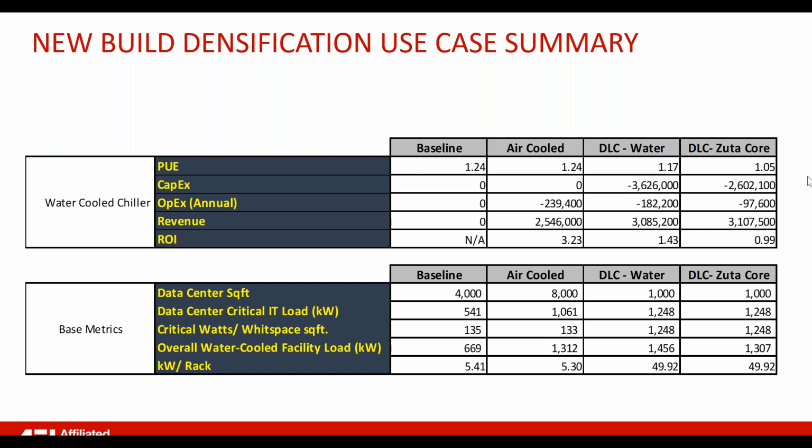I think the other great part of this is looking at how Zuta-Core delivers their solutions. There's a lot of redundancy and resiliency built into the solution naturally, with redundant pumps and really high-end controls, so there's a value of redundancy naturally built into the system. When you look at the way the system operates, you basically have a pool of refrigerant sitting at the chip, essentially boiling off.